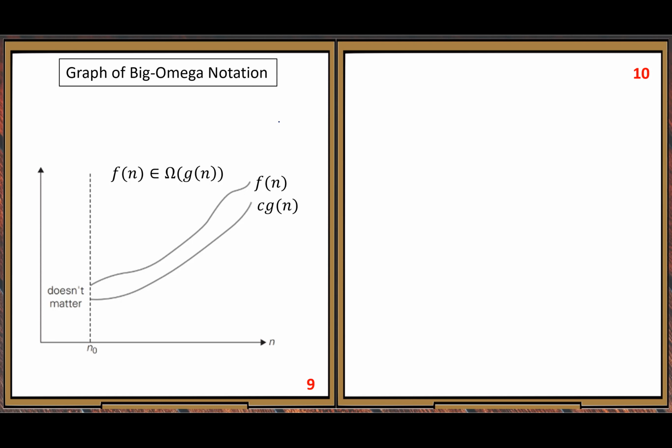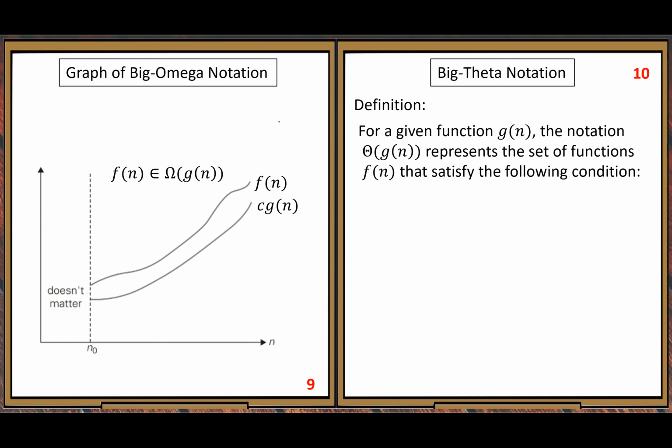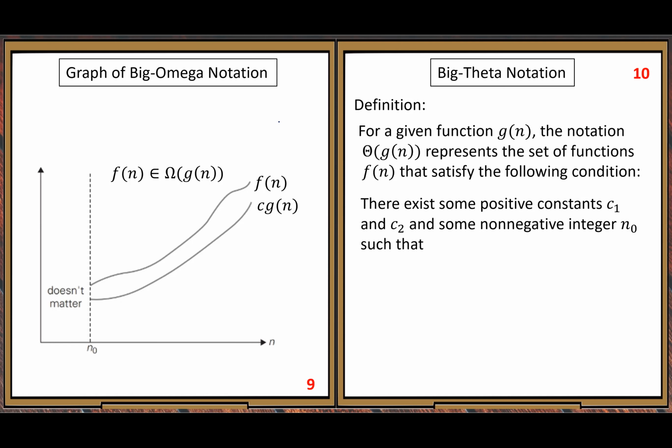All right. Big theta notation. This time, think about it: we have an upper bound, we have a lower bound. How about we put both the upper bound and lower bound together, right? Big theta. So this time, we repeat the same language related to the environment, but we need to use two constants, C1, C2.